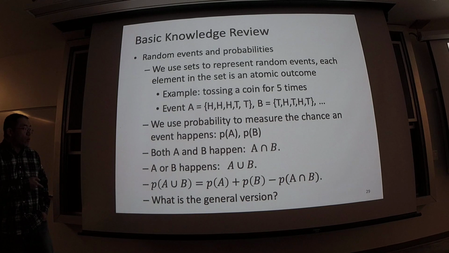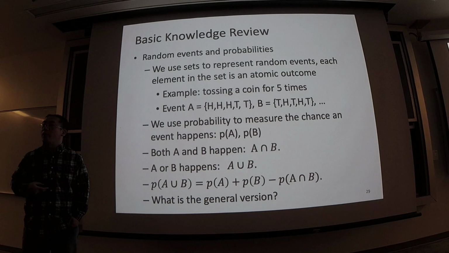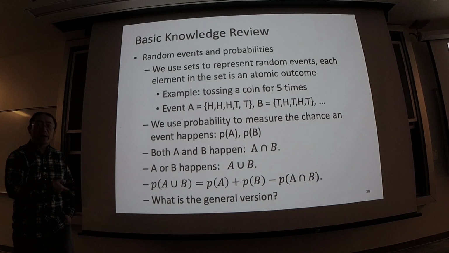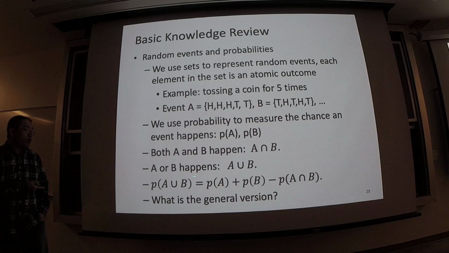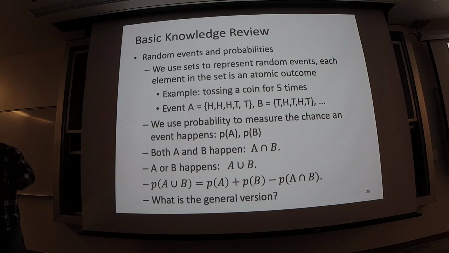Now how can we represent this event, A or B happens? We use the union operation. So the union of A and B represents the event that A or B happens. So by combining a bunch of events using the set operations, we can create many new events.